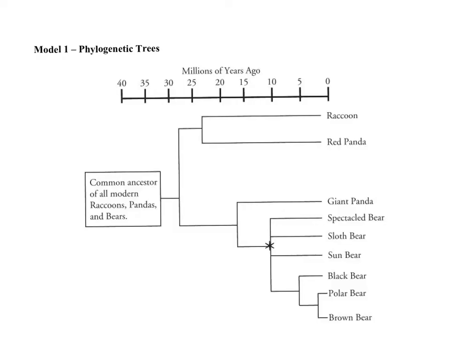And it asks, how long ago did the common ancestor of all organisms in this phylogenetic tree exist? So the red dot I have placed is at the node of where the common ancestor exists. But the reality is, because of the way that this is drawn, you can also include this area right here, and your answer would still be acceptable.